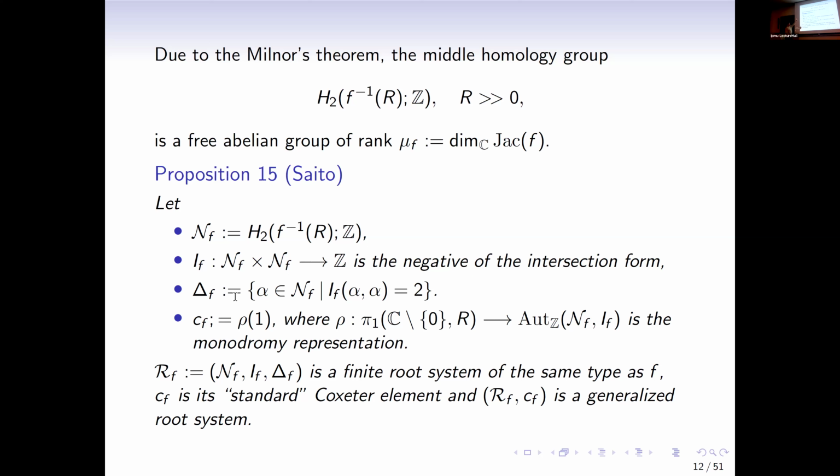But later I want to deform small f to large f, because we want to consider later a universal unfolding. So from the beginning I choose some real number large enough. If you are only interested in the root system, this can be just one.